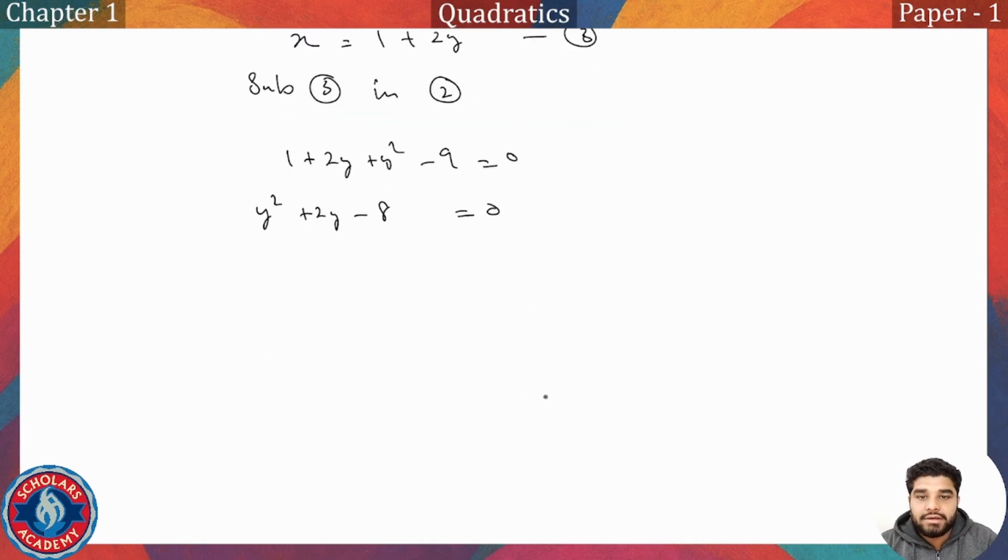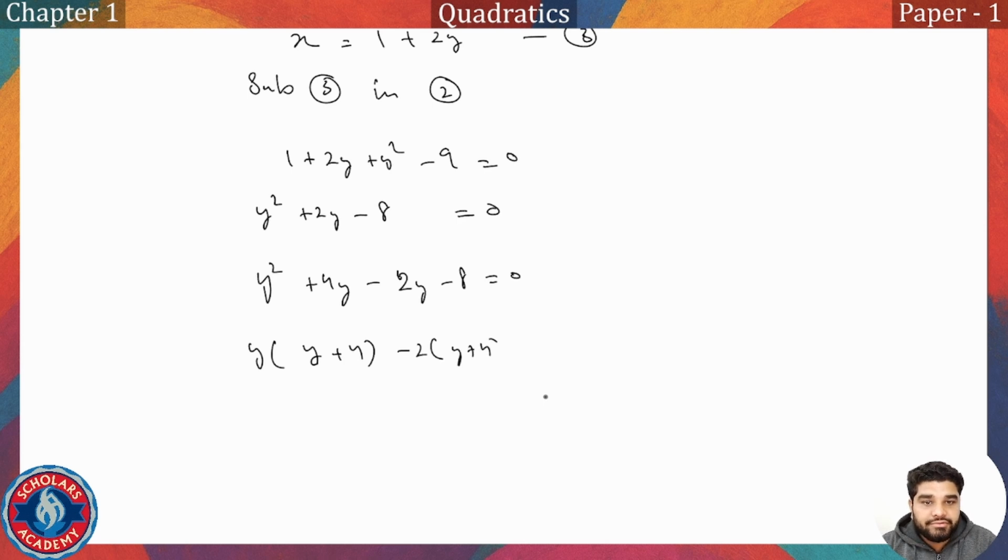So now if I split this middle term, I can get y² plus 4y minus 2y minus 8 is equal to 0. y(y plus 4) minus 2(y plus 4) is equal to 0. We get (y plus 4)(y minus 2) is equal to 0. So from here we get y is equal to -4 and y is equal to 2. These are the two values of y.